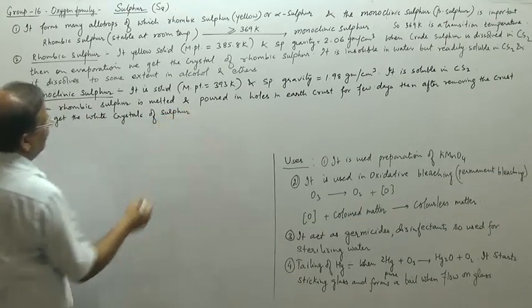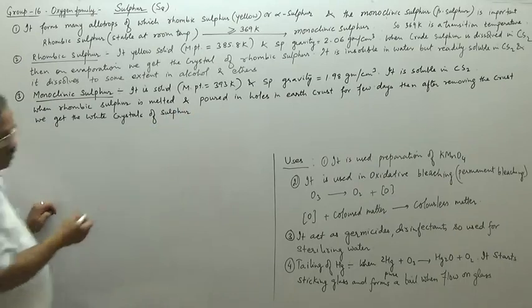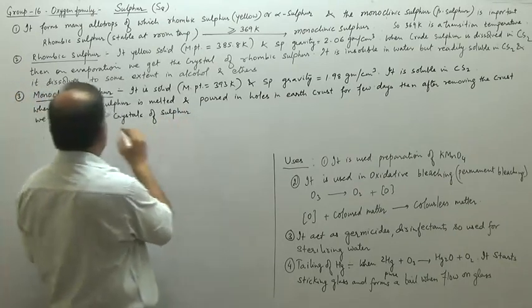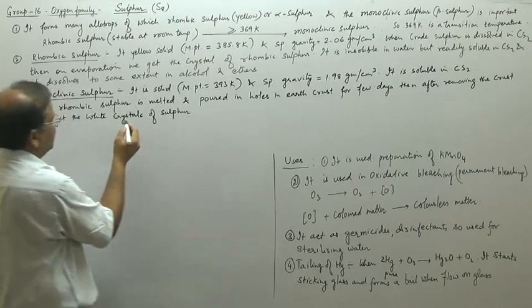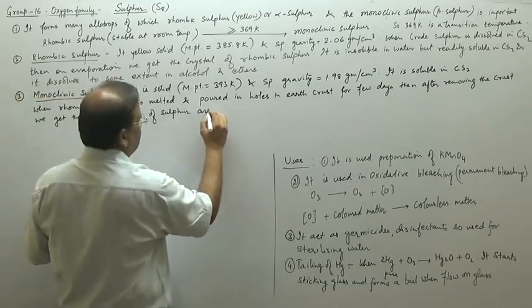These white crystals of sulfur are nothing but monoclinic sulfur. Colorless, white, needle-shaped crystals of sulfur are formed.